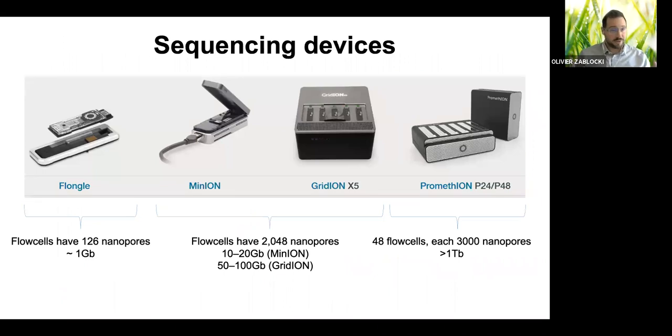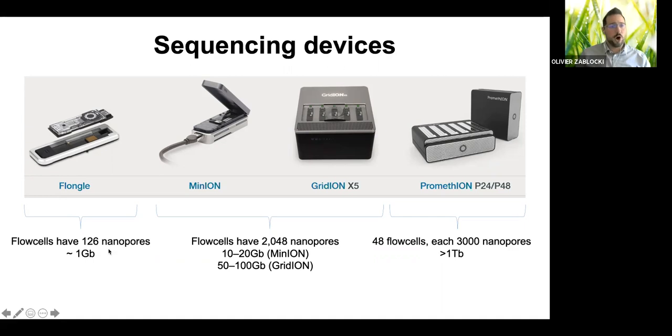Now, again, I'm not a sales rep, but I wanted to show you at least the range of sequencing devices that use this technology, because it caters to all budgets and scales. So you have from the lowest tier, called the Flongle, where you have a tiny flow cell, which houses all the sequencing mechanism, including the nanopore array.